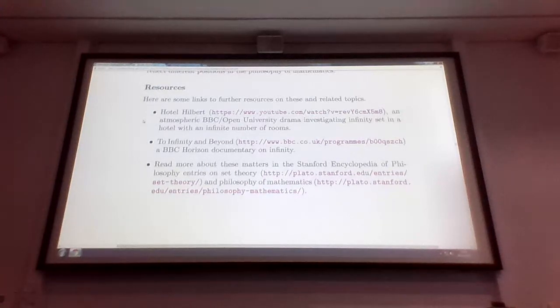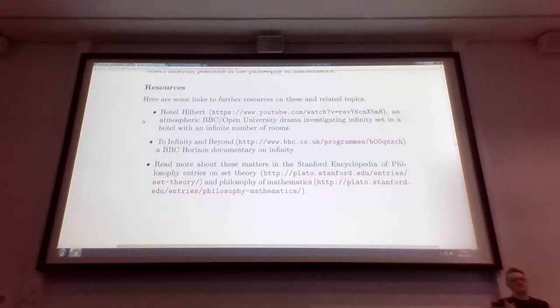And there's an interesting story about a hotel, which has an infinite number of rooms, and even when it's full, it can still take in more guests. Okay? So it's an infinite hotel. It's got room 1, room 2, room 3, room 4, and even though all of its rooms are occupied, they can still fit in an extra guest.